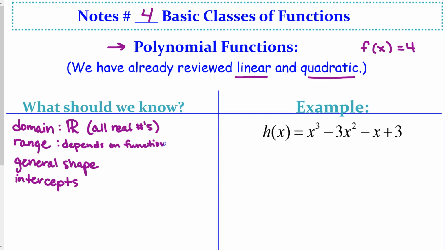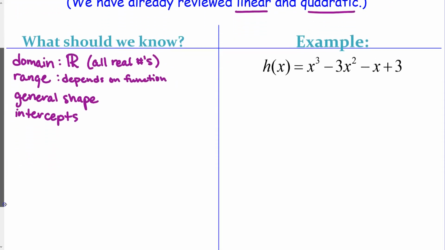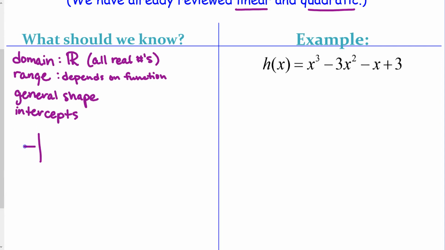So let's look at some examples. And as we look at these examples, we can talk about the general shape. So if it's linear, we could have something like this. If it's cubic, we might have something like this. If it's quintic, which means degree 5, we might have something like this. If it's linear, it could be slanted down. It could be decreasing.